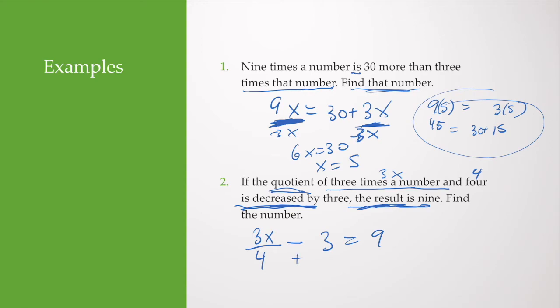So I'm going to go ahead and solve this by adding 3 to both sides. I get 3x over 4 is 12. I multiply both sides by 4 to get rid of that denominator. That gives me 3x equals 48. So x equals 16.